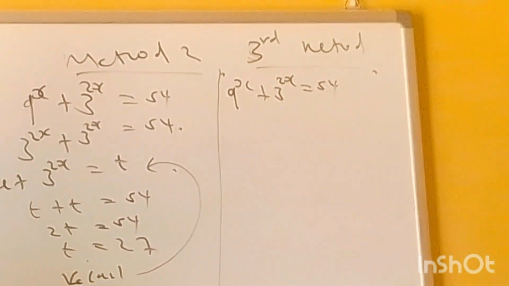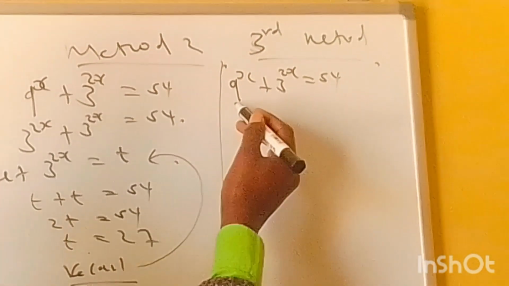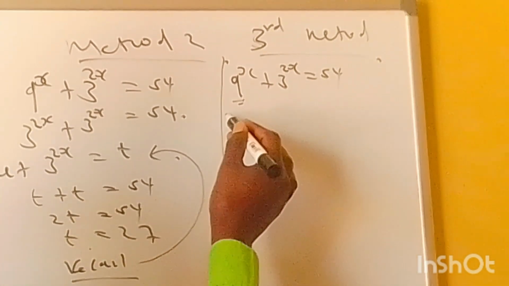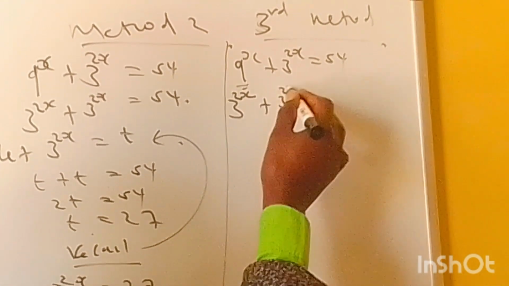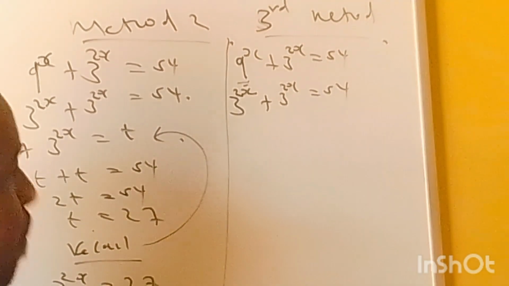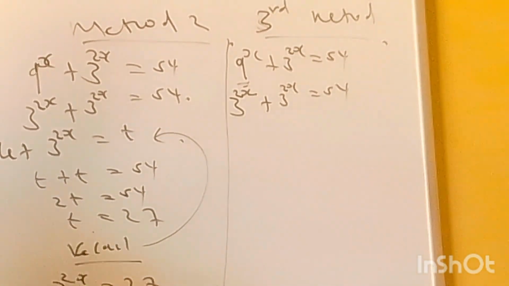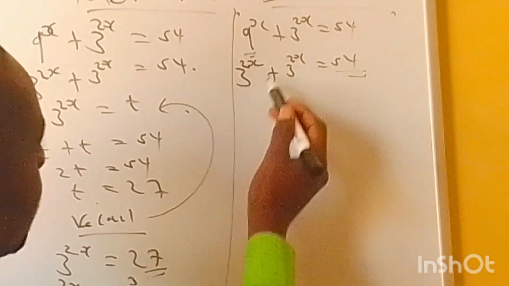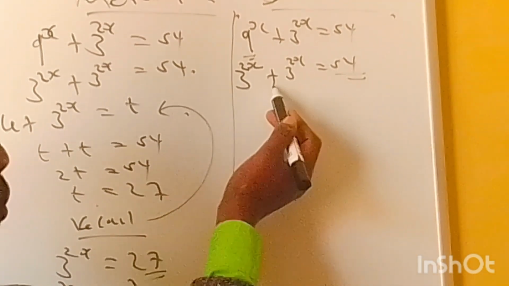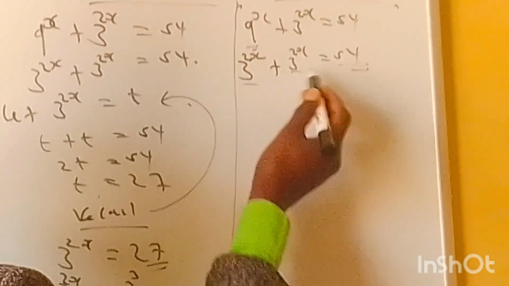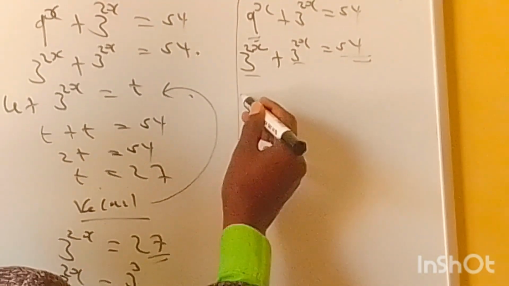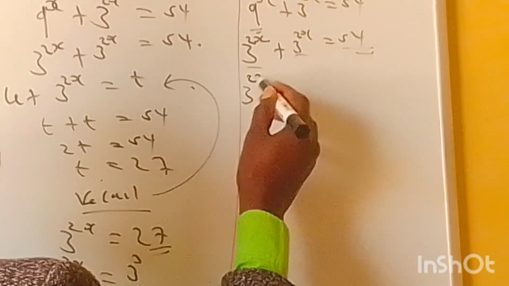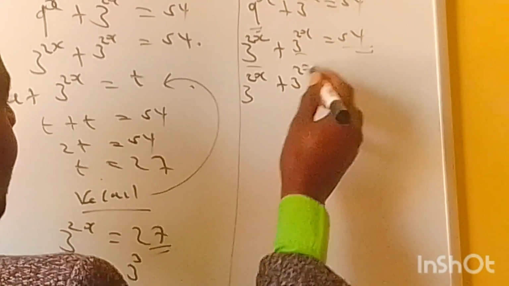Then you change this one to base 3, which is 3 raised to 2x plus 3 raised to 2x is equal to 54. What I want to do is break this into two, separating with the addition sign, because the values are to base 3, which is the same.